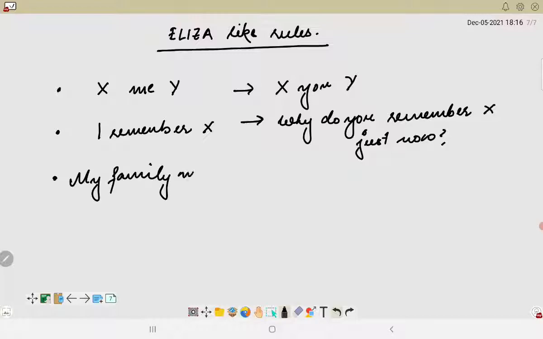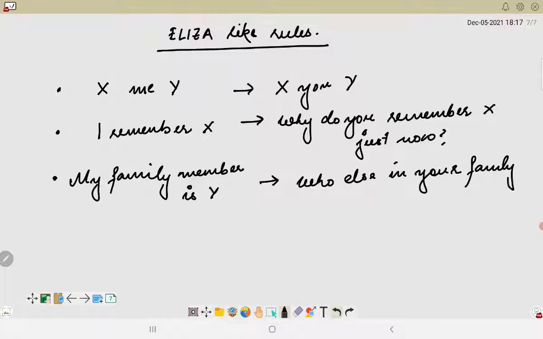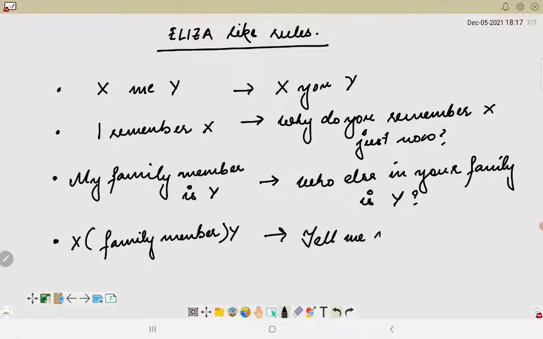Maybe the next one would be, my family member is Y. Here the response may be, who else in your family is Y. Then let's say the current situation is again X family member Y. Then the response might be, tell me more about your family.